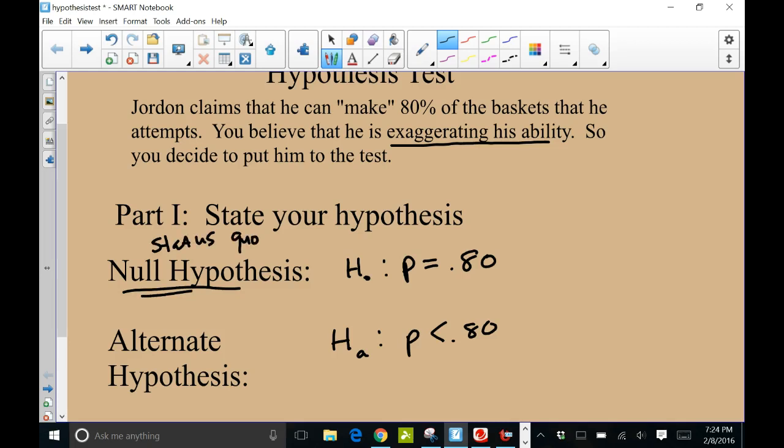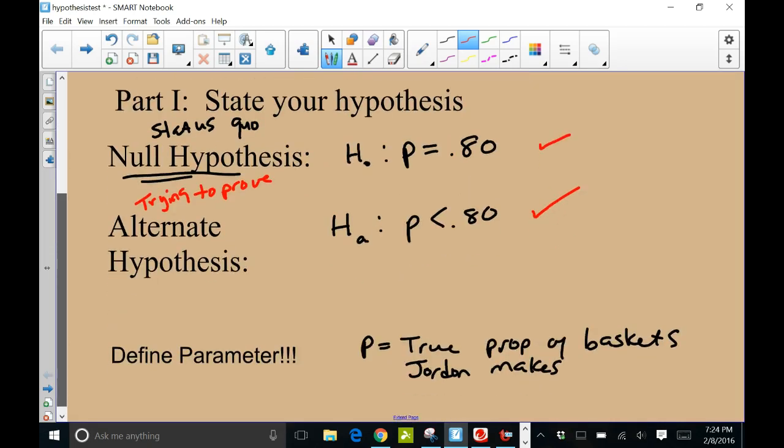It's the commonly held belief. The alternative is what we're trying to prove. So there's three parts: what we think the true proportion is, the alternative, what we're trying to prove, and then the third part is defining your parameter. What does p equal?